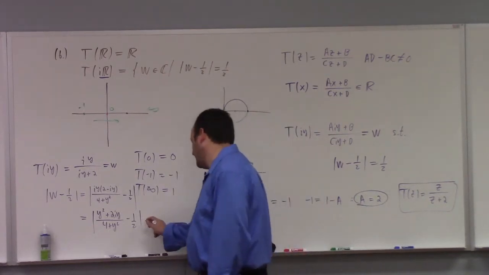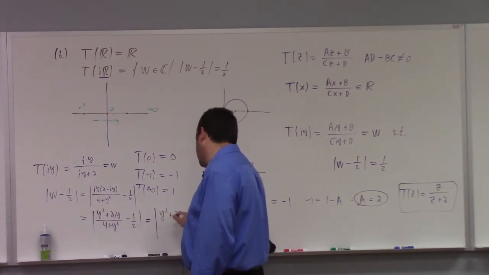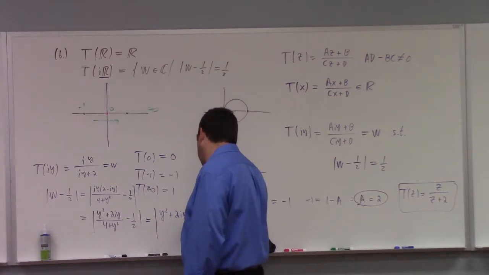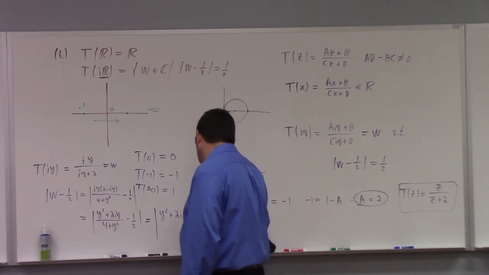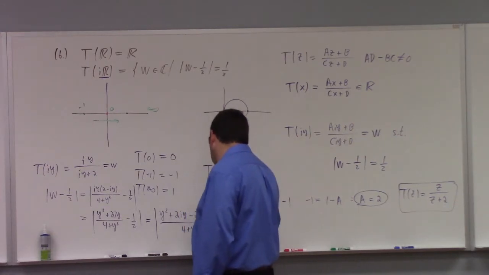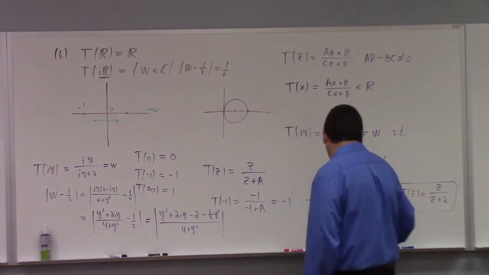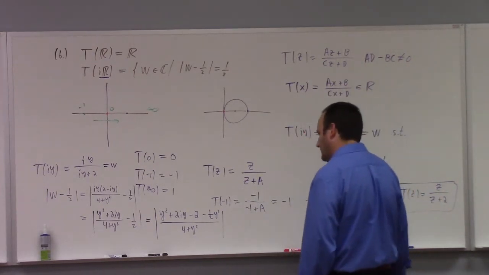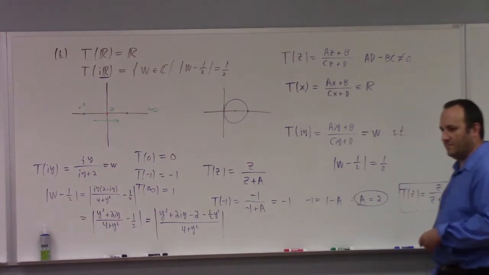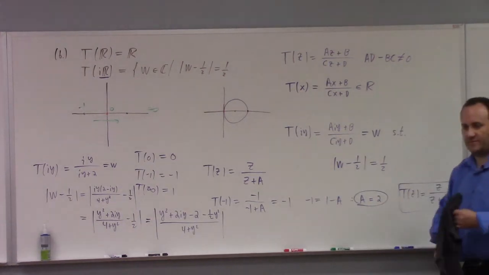I should at least make a common denominator before I give up on it. y squared plus 2iy minus 2 minus 1 half y squared, divided by 4 plus y squared. Which is not going to have magnitude a half. So it's not on the circle. But you already knew this.